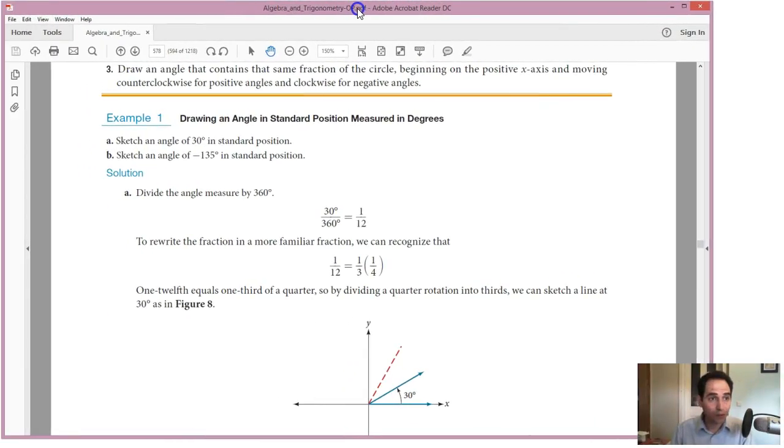So in this video we want to do example number 1 on page 578, and the example is: sketch an angle of 30 degrees in standard position. So the question has two parts.